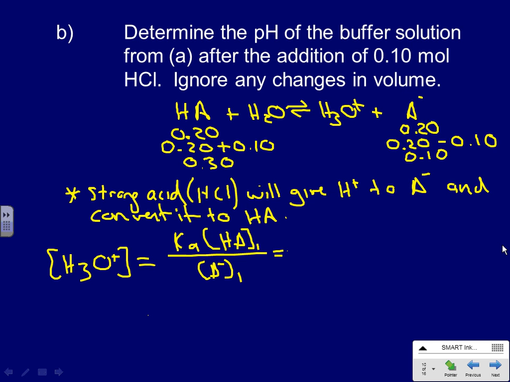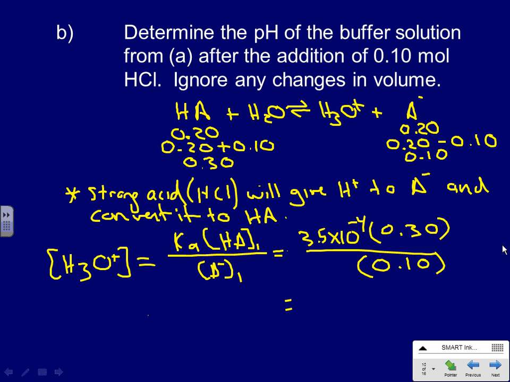Ka, and I can't remember what the number is, and you guys will tell me in a moment, 0.30, 0.10, and times 10 to the minus 4, I'm recalling, but 3.5? 3.5. Yep. pH equals 3.93.